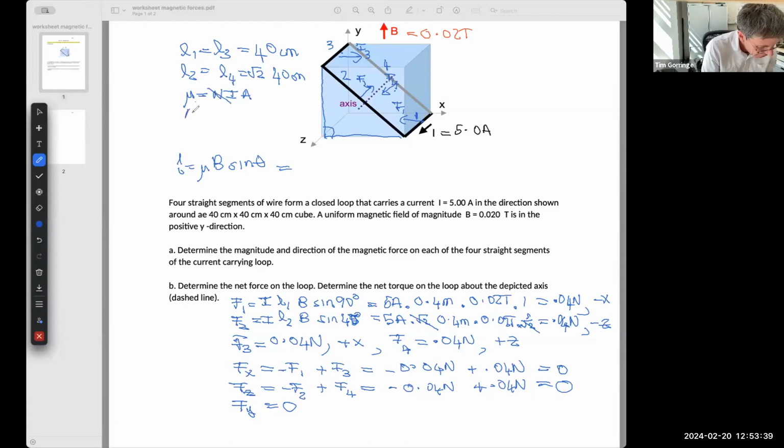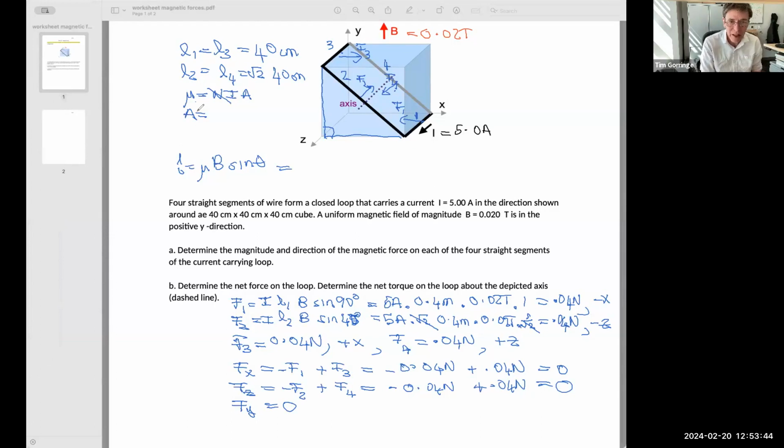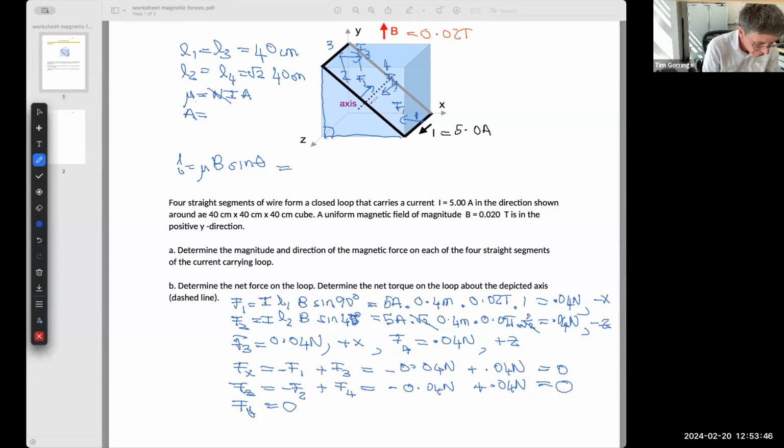The area is the area enclosed by the loop. That loop is this cross section here. I'll change colors to green, which will help me a little. This is my cross-sectional area of the loop.